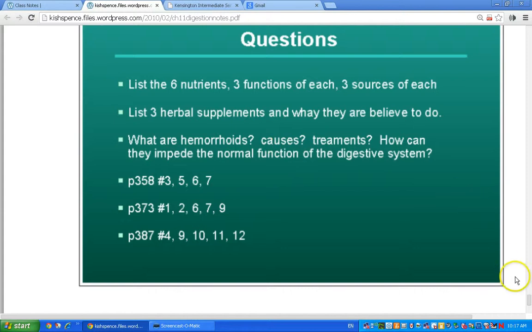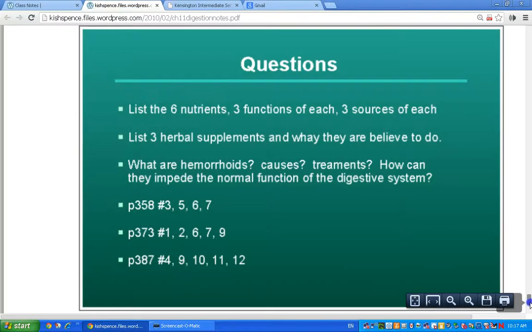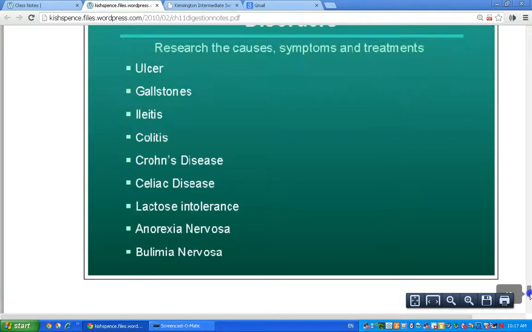I think hemorrhoids are listed up there too. I know they're on your other things, so they're not on this part, but they are on your sheet. So we'll go over them in class, or you can look on the link on the website. So that's it for this chapter.